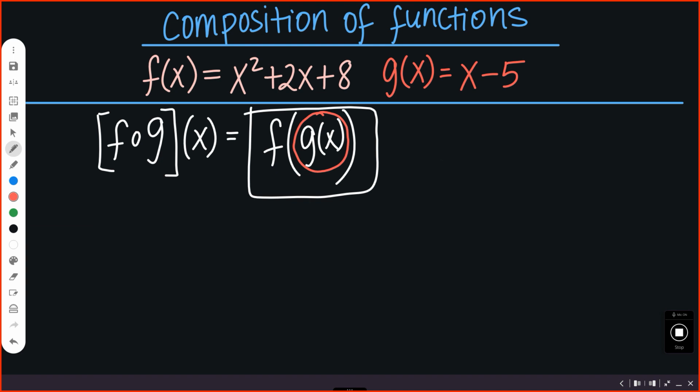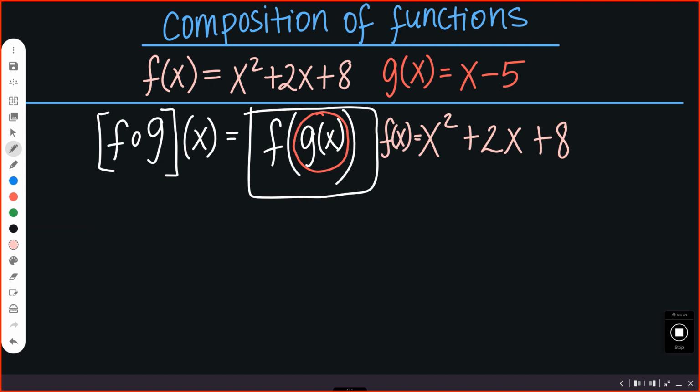I'm going to substitute it into my f of x, so I'm going to rewrite my f of x here: x squared plus 2x plus 8, and we should probably write f of x here. So that's what I start with. It's my first letter. That's my structure.